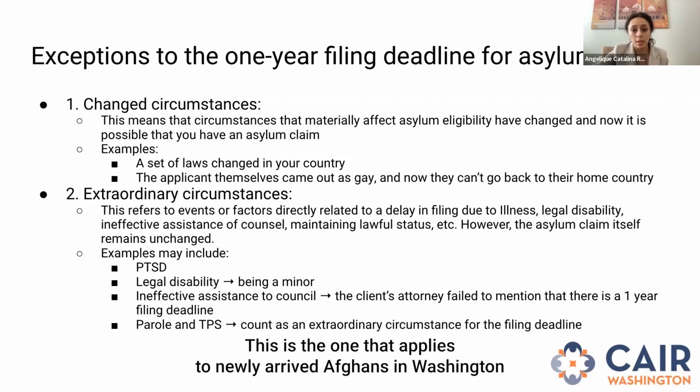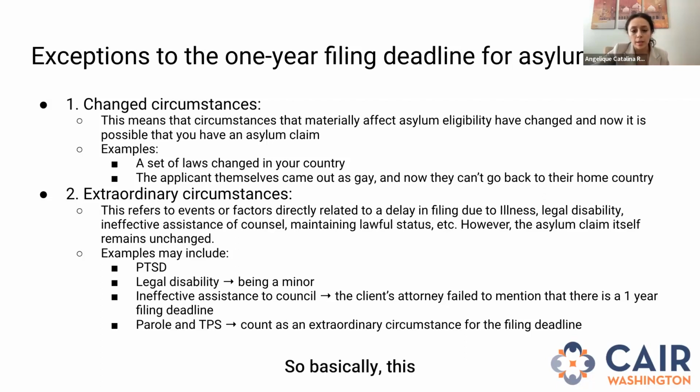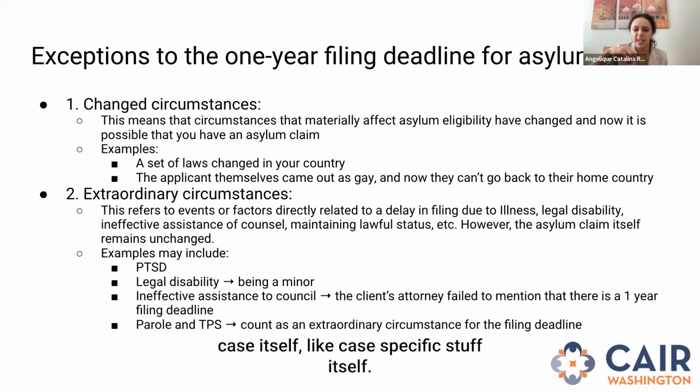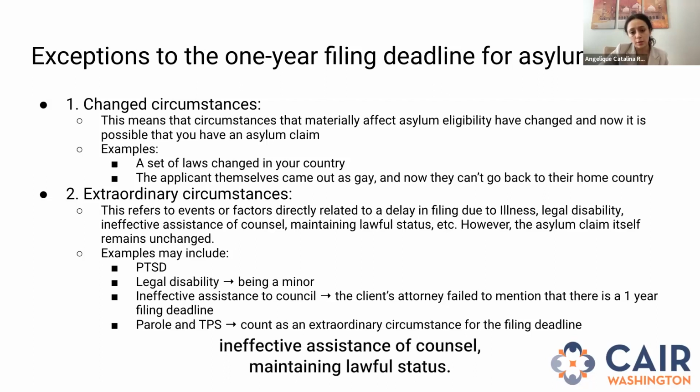Extraordinary circumstances, this is the one that applies to newly arrived Afghans who are here on parole. Basically, this refers to the actual events or factors directly relating to the delay in the filing, not to the specific case itself. This delay could be due to illness, legal disability, ineffective assistance of counsel, or maintaining lawful status.